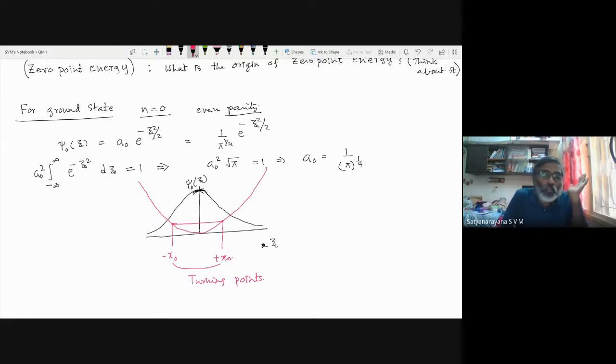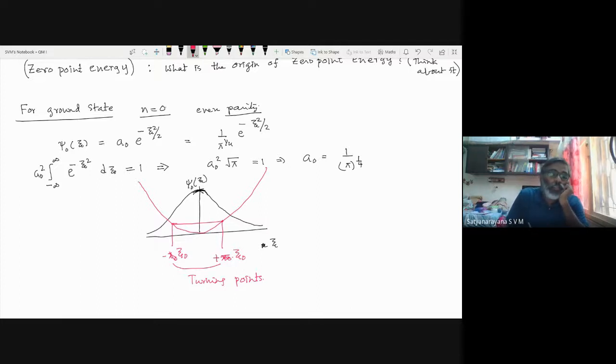It will come up to minus x naught and turn back, and come up to plus x naught and turn back. But quantum mechanically, you see this wave function goes to 0 only as xi goes to infinity. I'm sorry, I am trying to take this as x naught, but you could have simply called this xi naught.